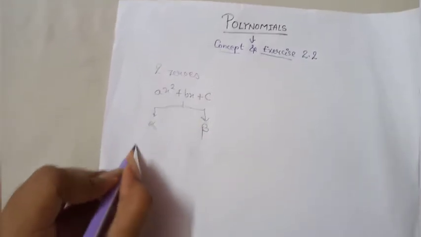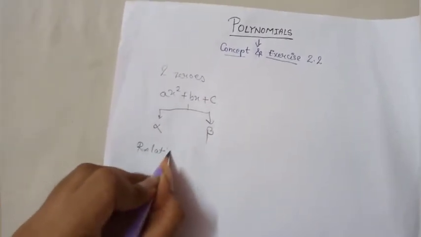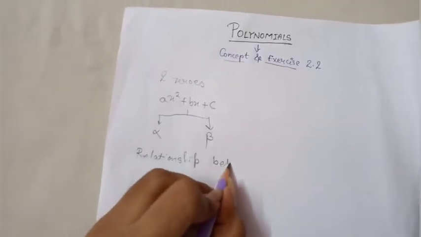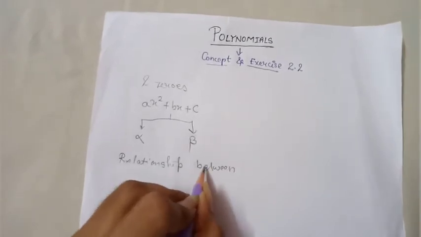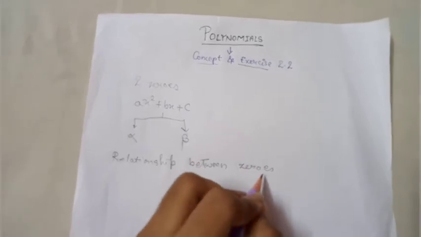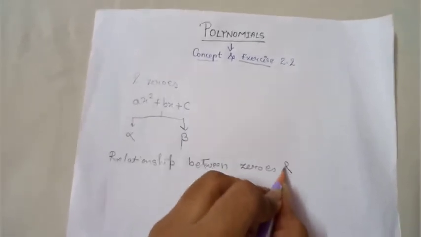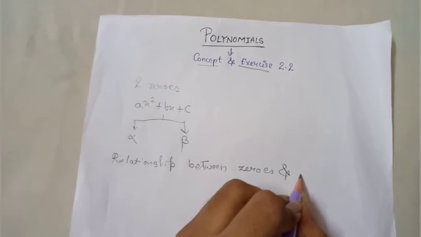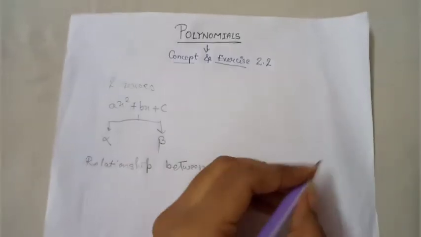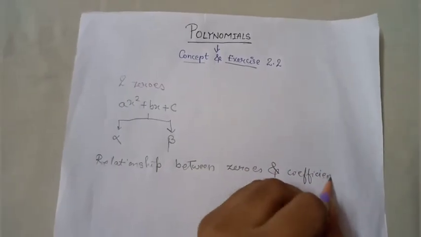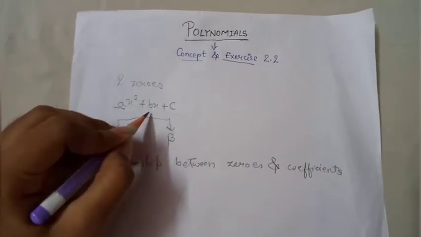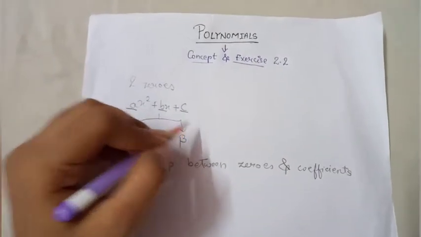Now one of the topics is the relationship between the zeros of the polynomial and its coefficients. So here the coefficients are a, b and c.